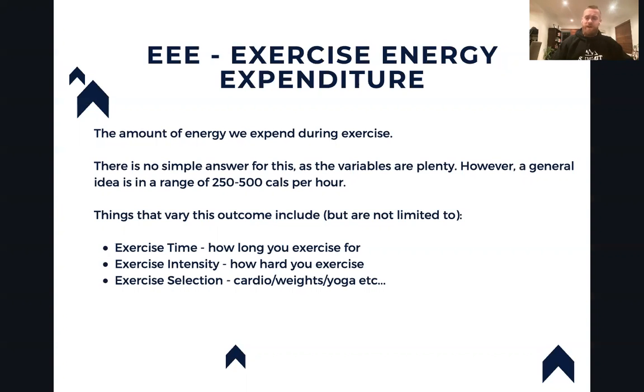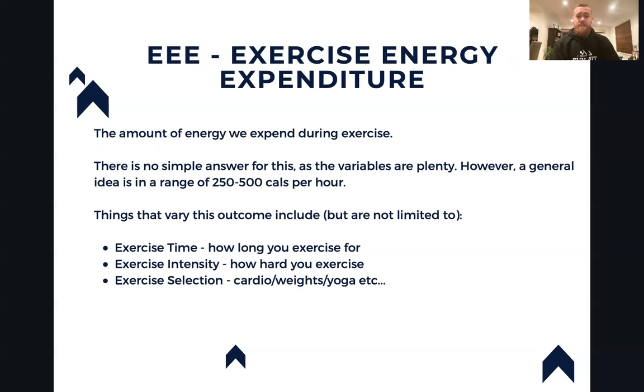I don't often find them to be the most accurate way of tracking. It's good to give you a bit of a general idea, but I don't ever recommend basing your calorie deficit, if that's most likely the case where you will be trying to use this to your benefit, I wouldn't generally recommend basing that deficit with a huge number on this one.